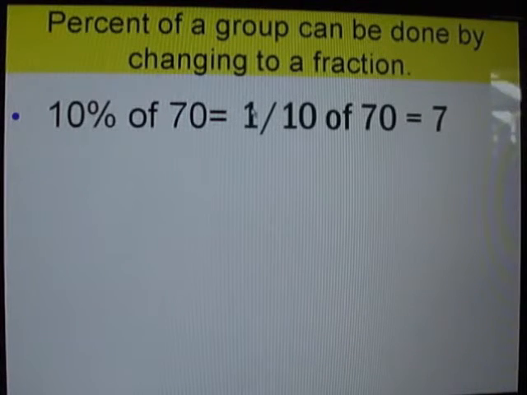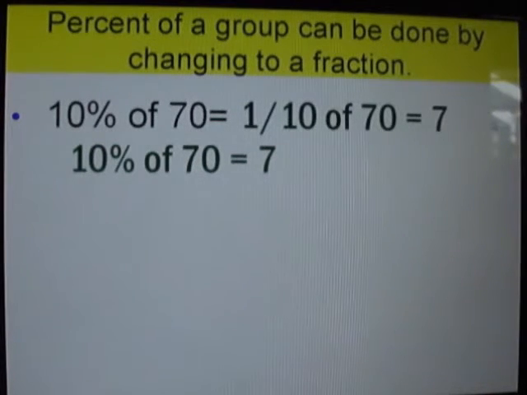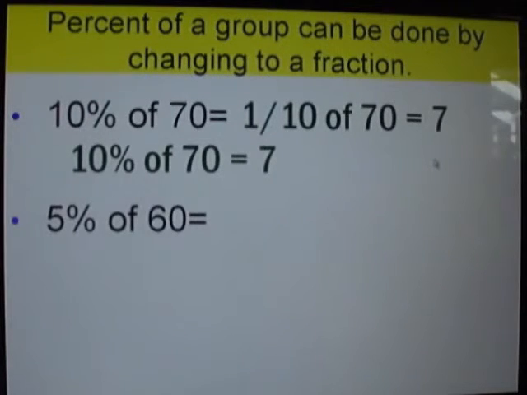If we're only looking for one of those groups, of course, that would be just plain old 7. So we now know that if 1/10, which is the same thing as 10%, of 70 is 7, then 10% of 70 is 7.